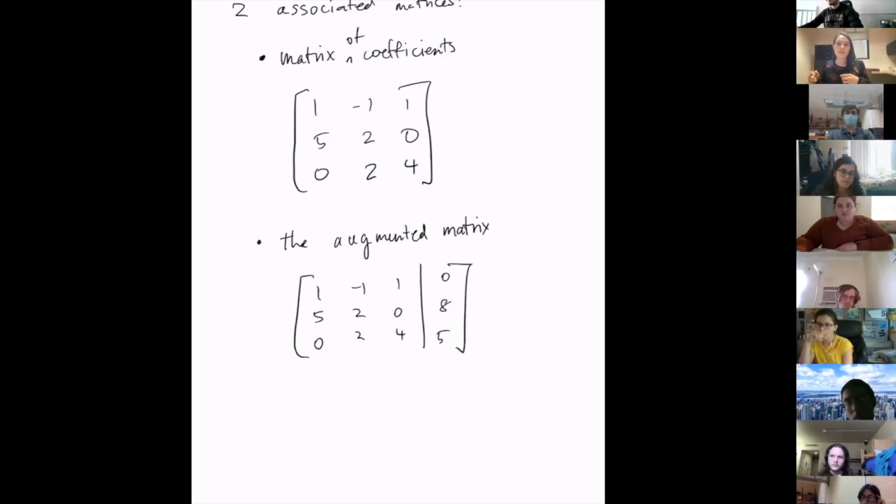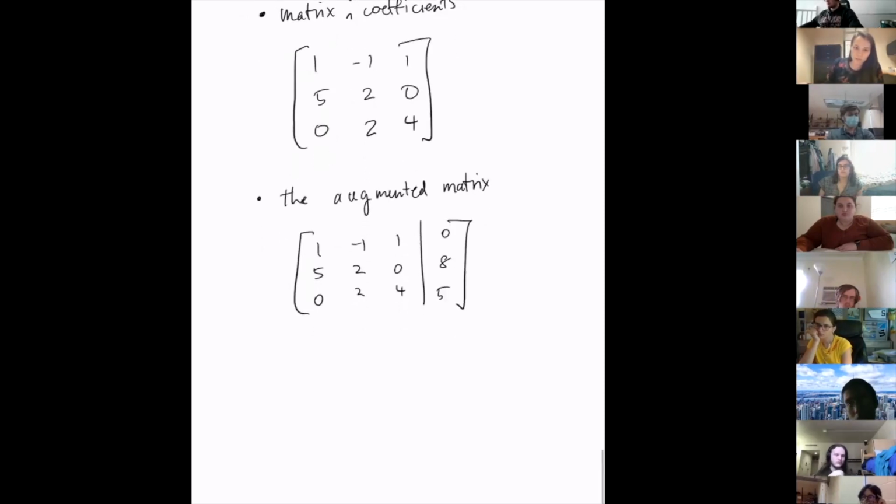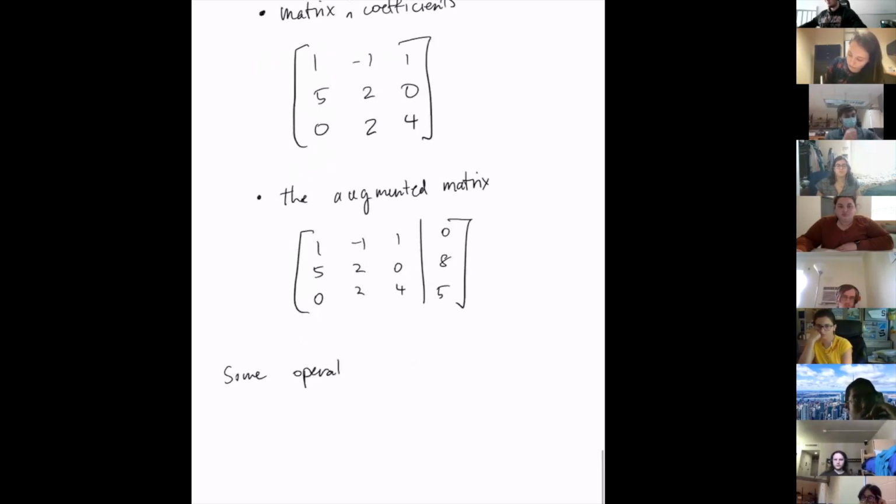But what we can do is some operations on this matrix that will not change the solution set. Okay, so we have some operations that will not change the solution set.